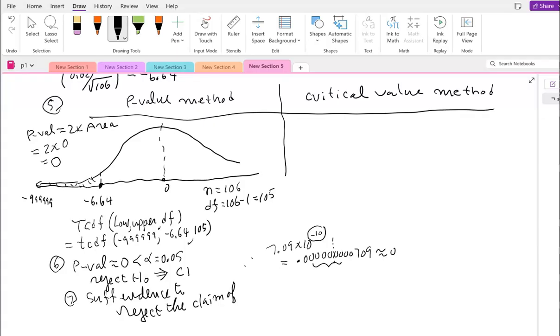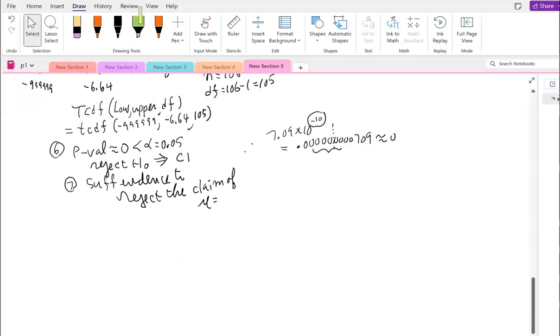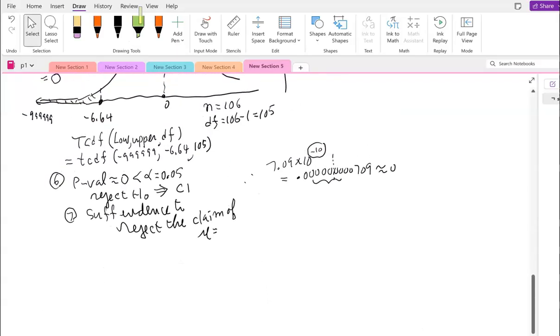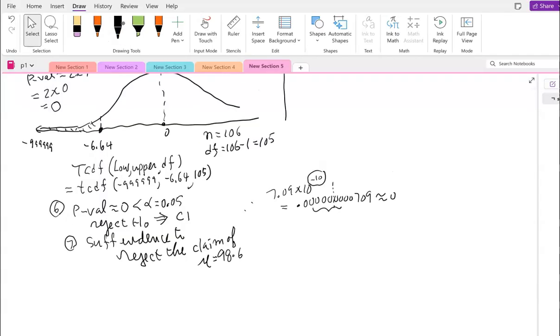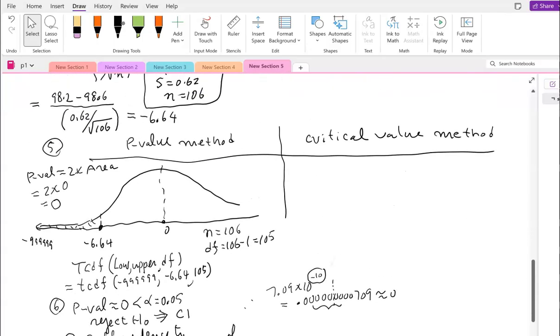What was the claim? The mean body temperature is 98.6. This is the claim, and it's important to know the claim. We have sufficient evidence to reject the claim that the mean body temperature is 98.6. Okay, so that is how to do it with the p-value.